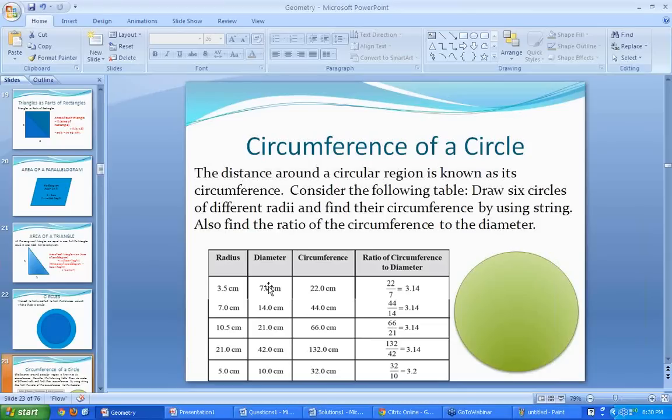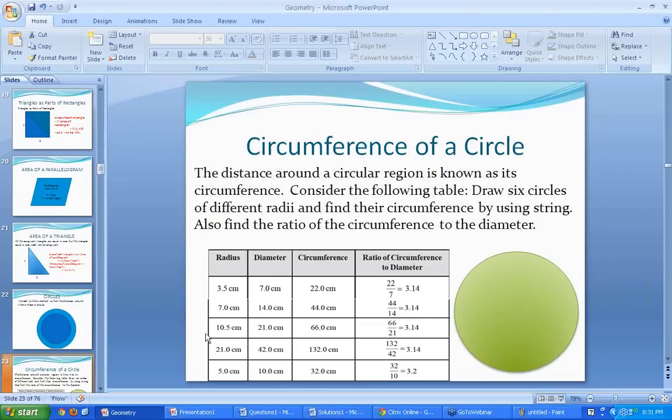But for a circle, you cannot take the sum of the sides because there are no sides. So there is a formula which we use to calculate the circumference of a circle. The distance around the circular region is known as the circumference.